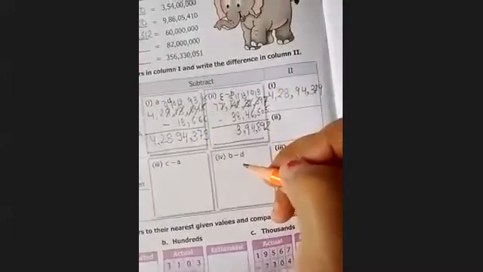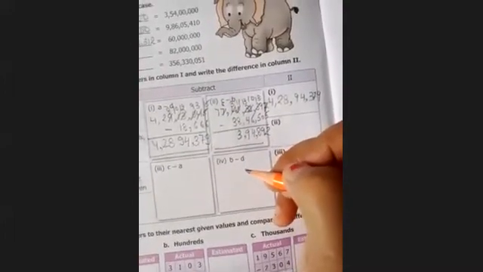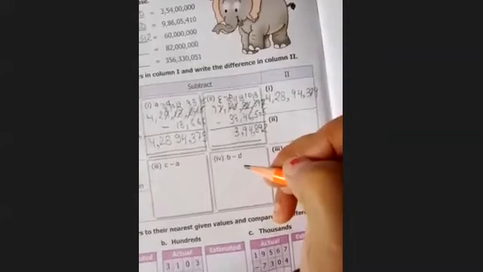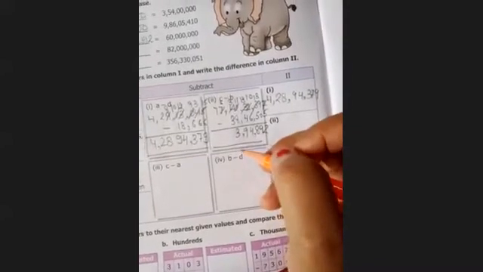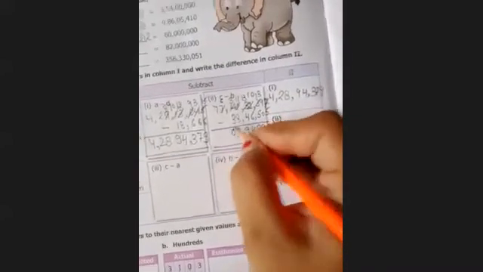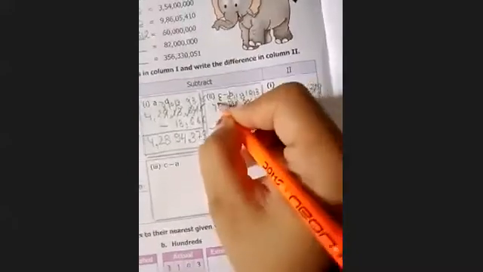Everyone written the numbers? It is 7 as it is.